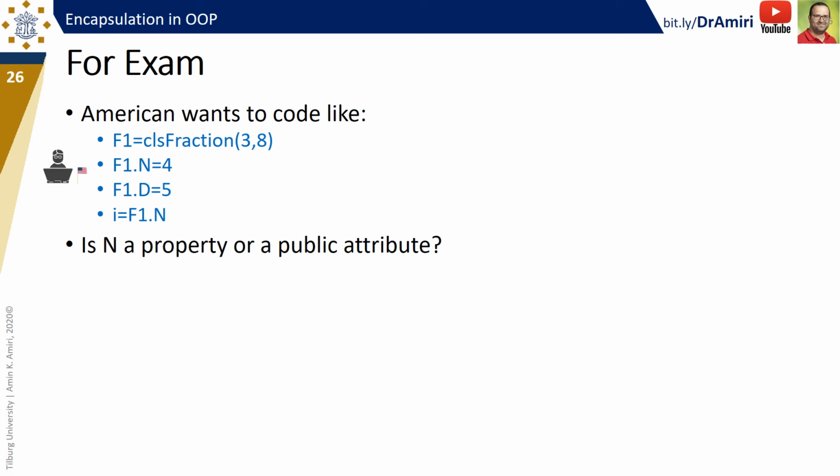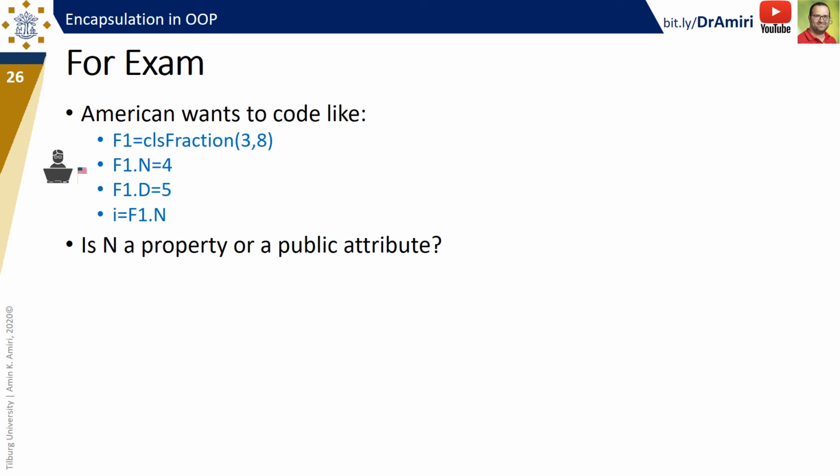So in this case, you can see that I would like to have a class called Fraction that can get two values, 3 and 8, to create an instance called f1. Then I provide f1.n equal to 4 and f1.d equal to 5. From this, you cannot figure out if n is a public attribute or a property.